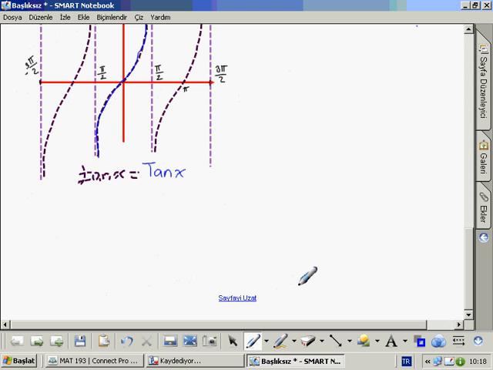When you restrict it, y equals tangent x for minus pi over 2 less than x less than pi over 2, and that's the domain.